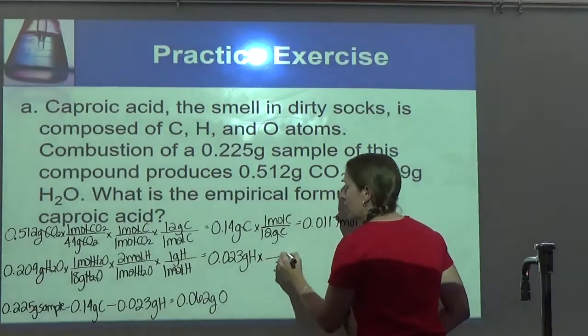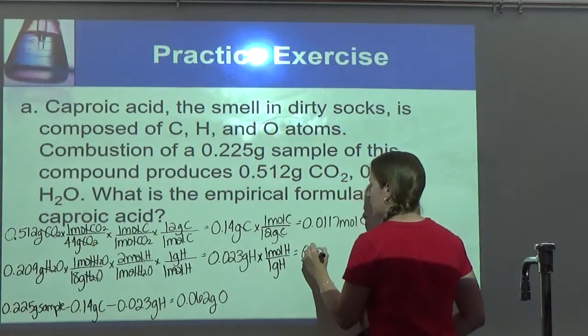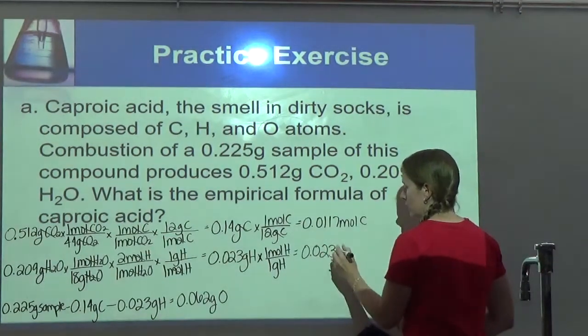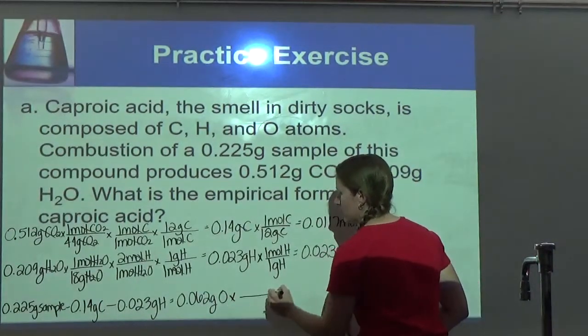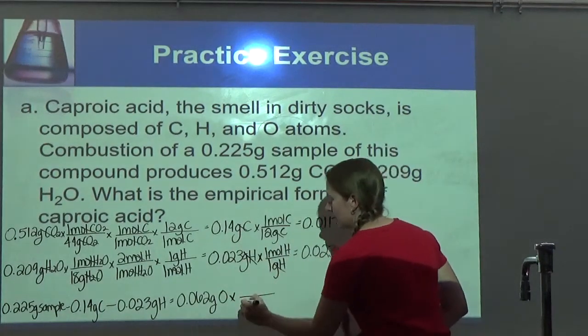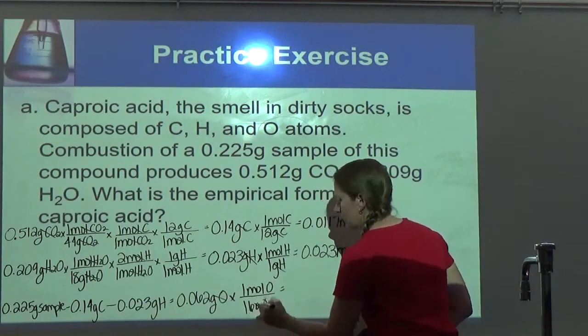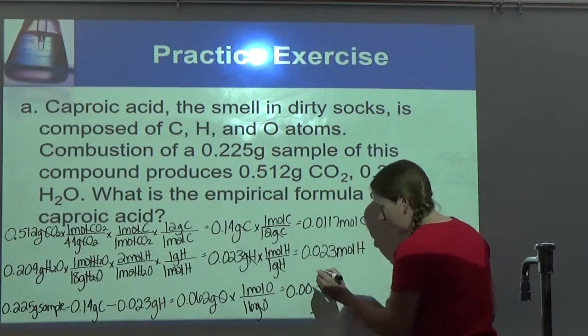All right, I know that for hydrogen, 1 gram is 1 mole. So of course that number is not going to change. It never does. Whoops, that should be moles. And then last step is, of course, 16 grams of oxygen is 1 mole of oxygen. And so once I divide, I get 0.0039.